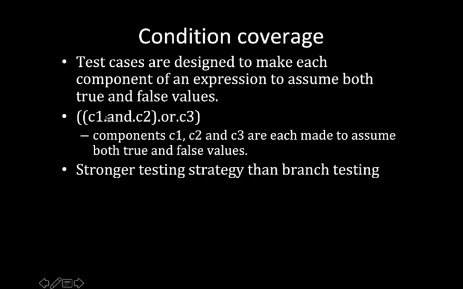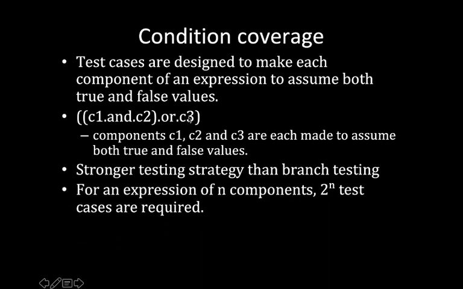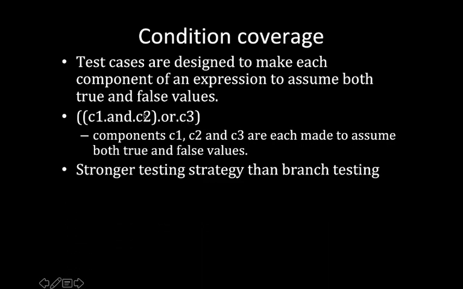Or we would simply give false here and false there and get all the results. But in condition coverage, we have to assume all the true and false values for each component. That means there are three components here, so 2 raised to 3, that is 8, test cases should be given.